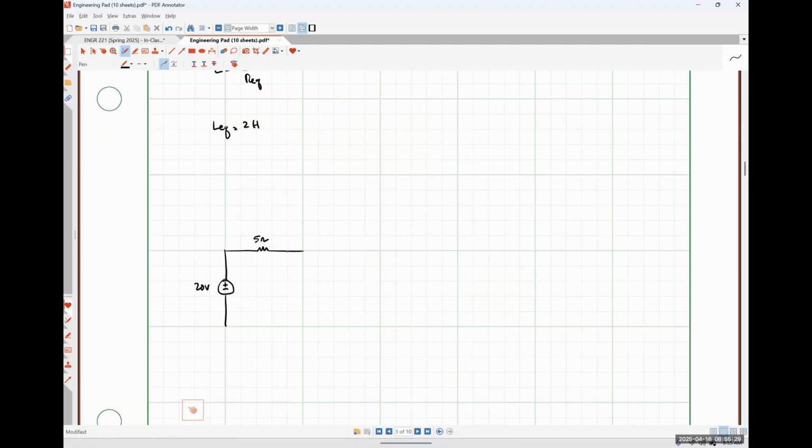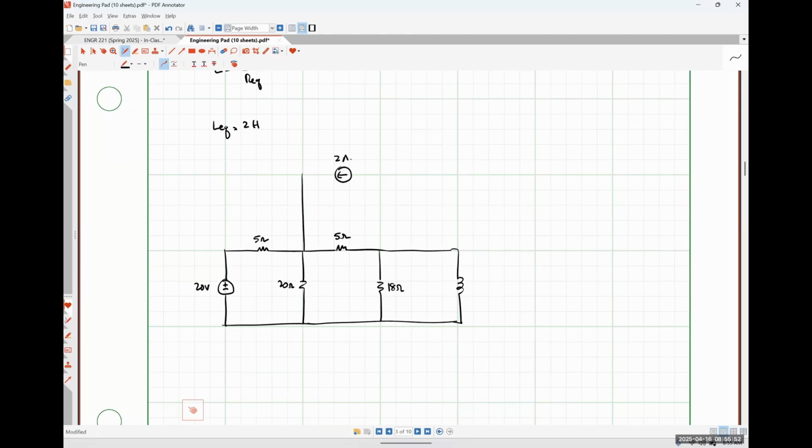Here's my 5 ohm resistor, 20 ohm resistor, 5 ohm resistor, 18 ohm resistor, inductor, two amp source across the top like so.